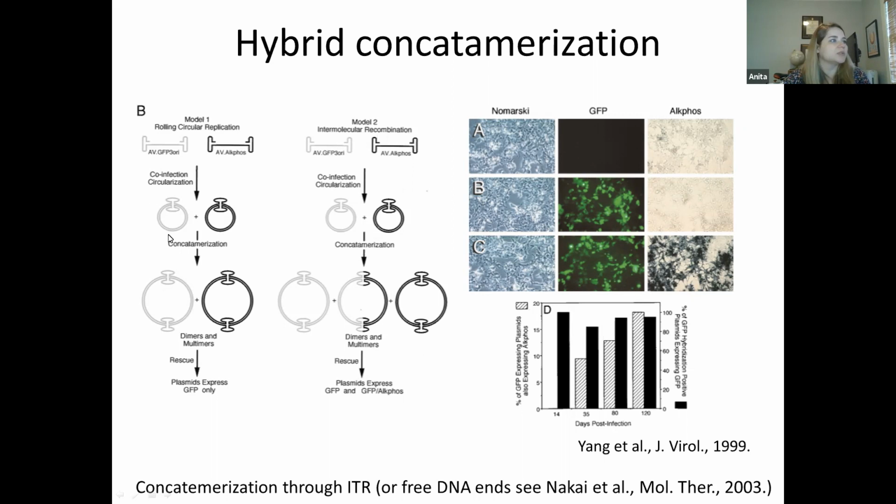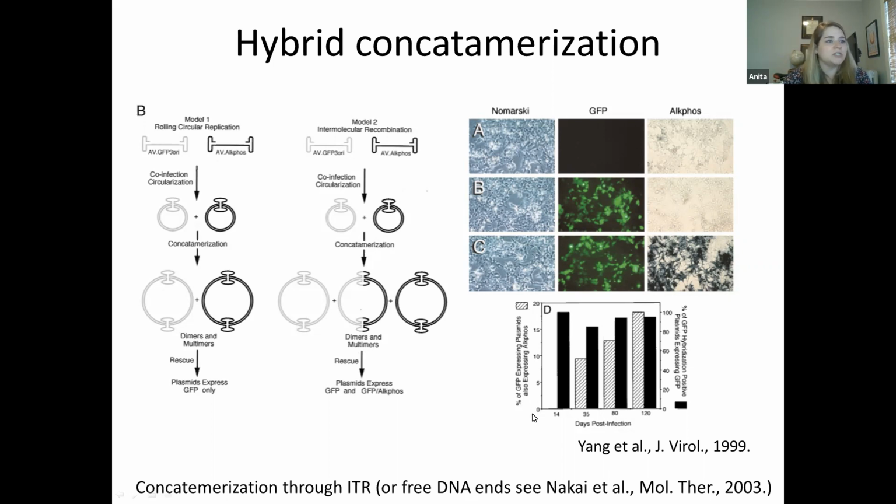The first model would be that they monomerize with each other. And the second model could be that if you have 2 different locus rAAV constructs, that they could hybridize. It currently isn't known exactly how concatemerization occurs, whether it's through the ITR, which is what this paper shows, or potentially through the free DNA ends, which another paper shows. But essentially, they can hybridize.